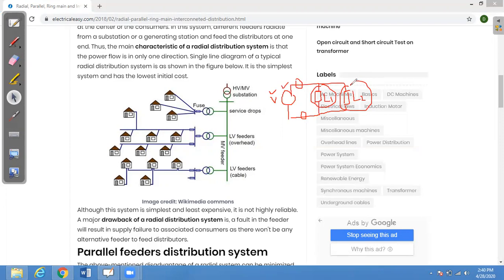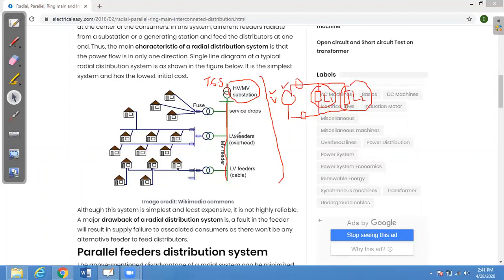Now if I explain this radial system in terms of the radial distribution system, this figure being shown is basically a radial distribution system. This is a substation, the transmission substation. If I mark it, this is TSS, the transmission substation, where the transmission line basically terminates. From this transmission substation, we have a feeder. This line is basically a feeder, and I'm marking it with a red line.